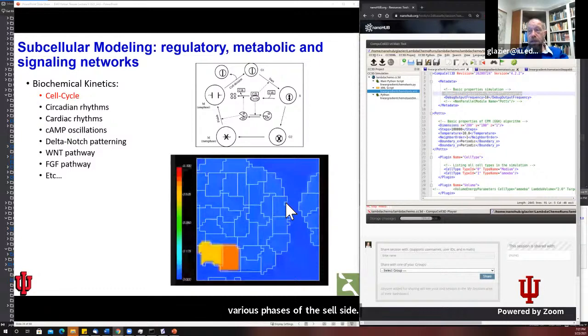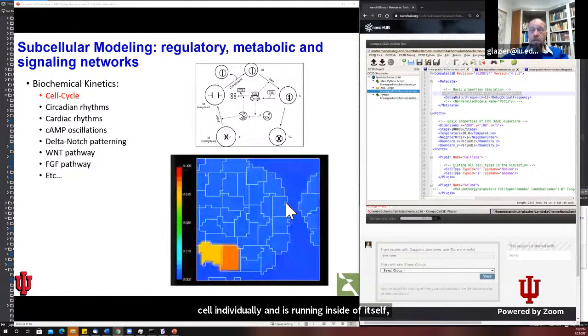And in this particular case, this is showing a movie, rather old movie, because you can see the colors don't line up with the boundaries of the cells very well, of a model of a cell cycle that was developed by John Tyson at Virginia Tech, which has been loaded into each cell individually and is running inside of each cell, determining how that cell grows and divides.